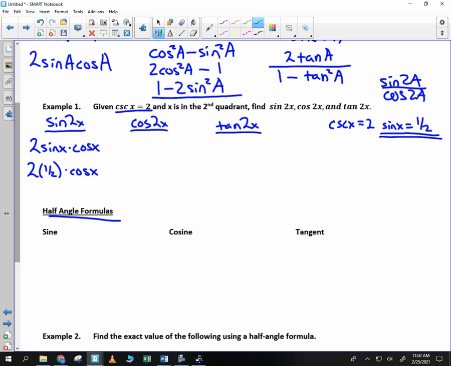If we know sine is 1/2, how can we find cosine? You know that sine squared of x plus cosine squared of x is equal to 1. Sine squared will be 1/4 plus cosine squared is equal to 4/4, or cosine squared of x is equal to 3/4.